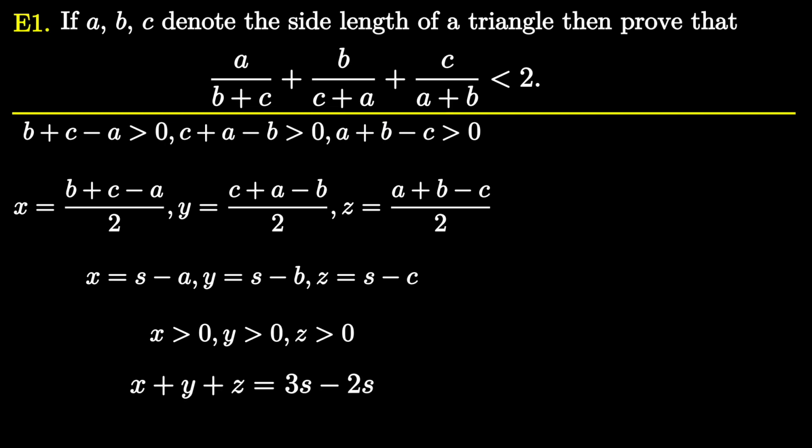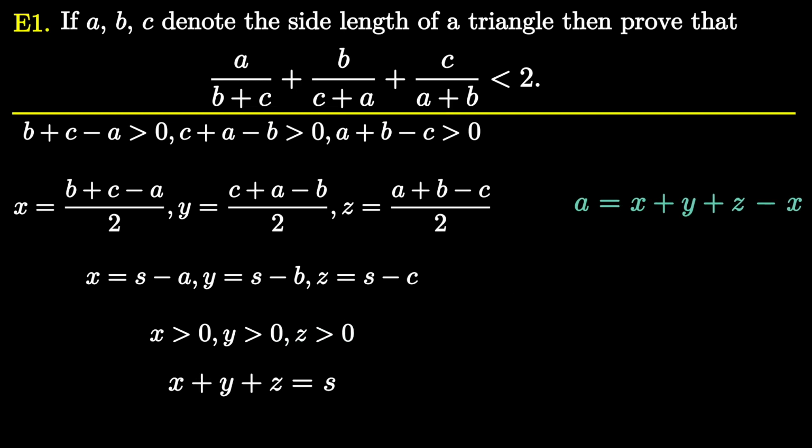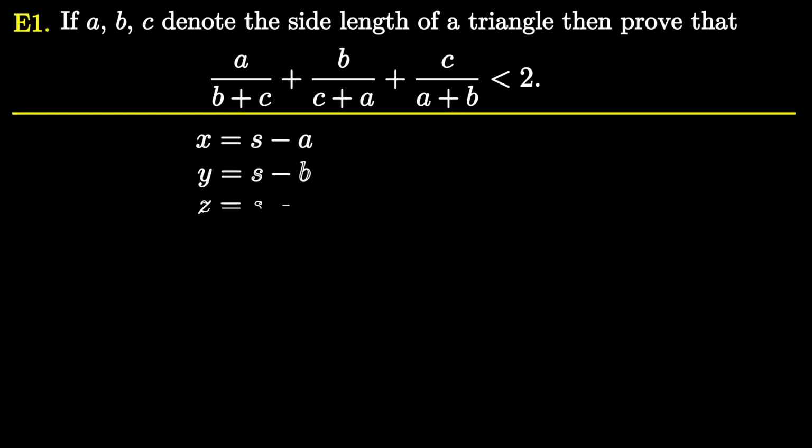We notice that x plus y plus z is equal to s, and from the relation x equals s minus a, we get a equals s minus x, which is equivalent to a equals y plus z. Similarly, we obtain b equals z plus x and c equals x plus y. This is how we can express a, b, c in terms of x, y, z.